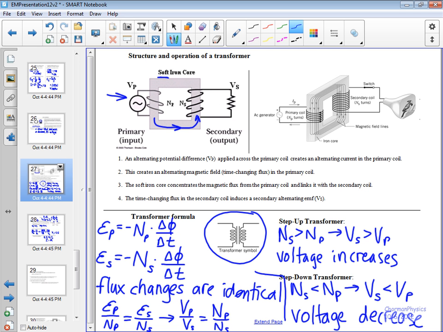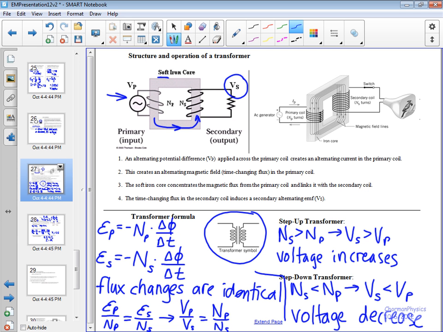When it goes through that secondary coil and it changes, the secondary coil will have a voltage, an EMF. So when you have an alternating source, you have a continually changing magnetic field through this soft iron core, and that causes an alternating voltage on this secondary coil.